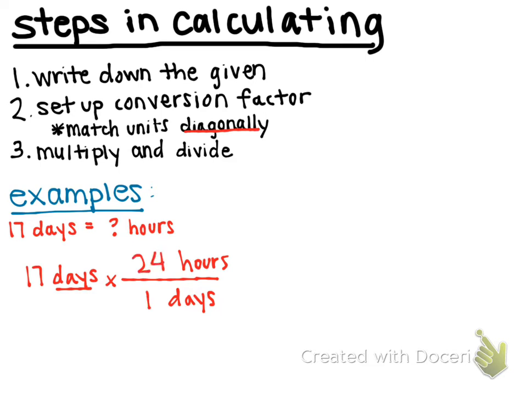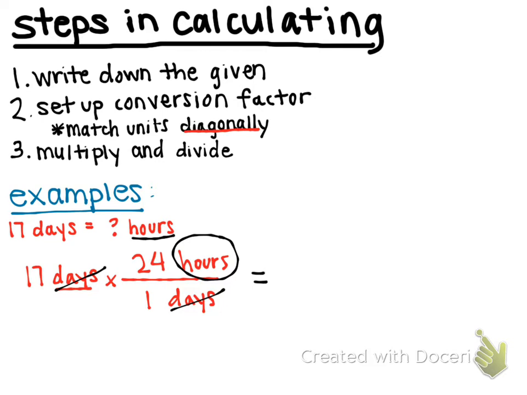If you match your units diagonally, whatever you have on top and bottom cancels out, and the unit you are left with when you solve it is hours, which is what it's asking for. To solve this, you multiply what's on the top and then divide by what's on the bottom.